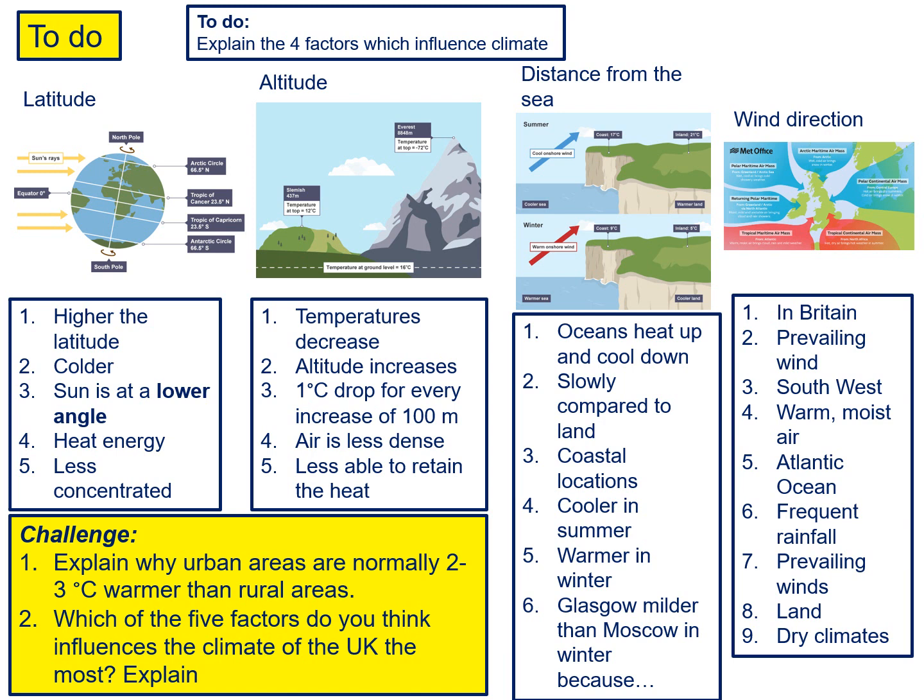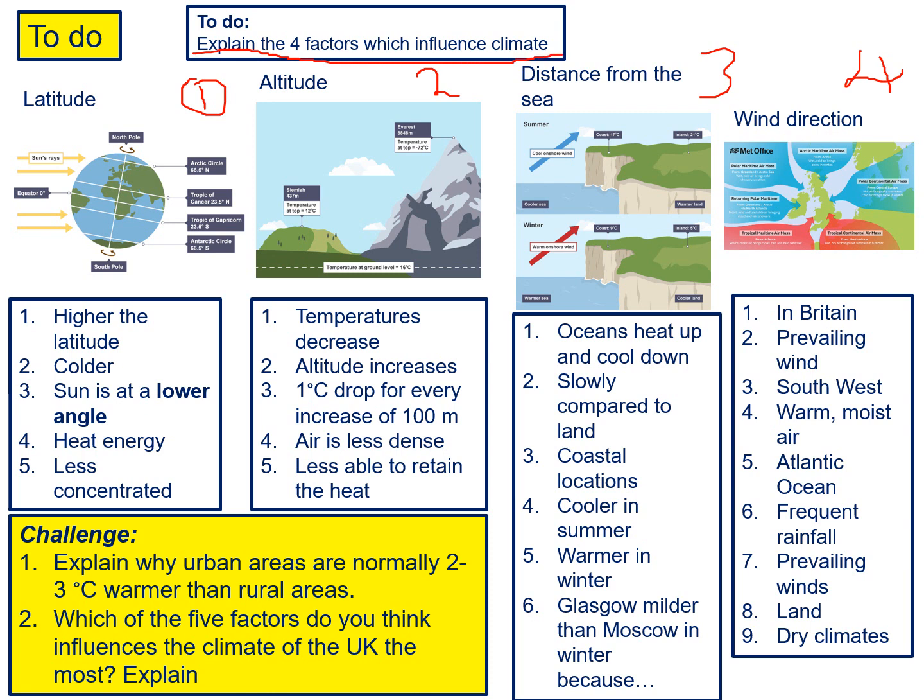Alright, so this is your extended writing activity. In front of you, can you look at the 4 factors that we've looked at already today? So we've got latitude, altitude, distance from sea, and then wind direction. I want you to explain the 4 factors that influence climate.